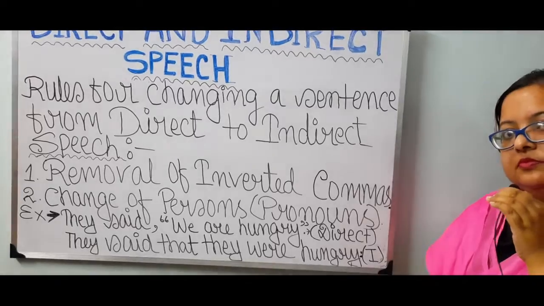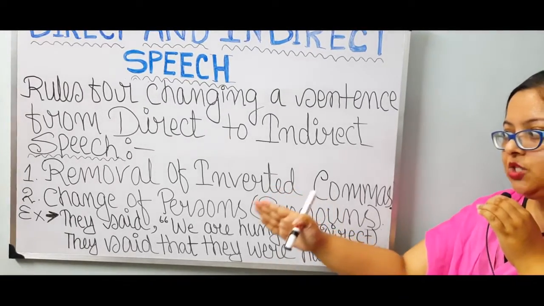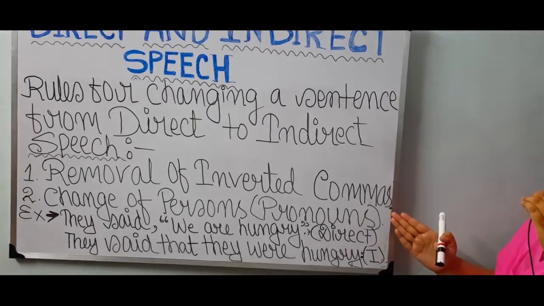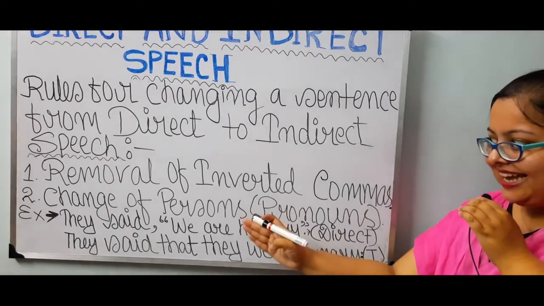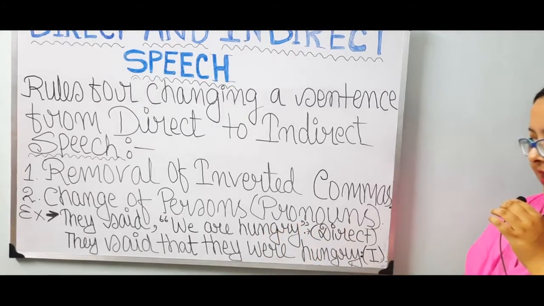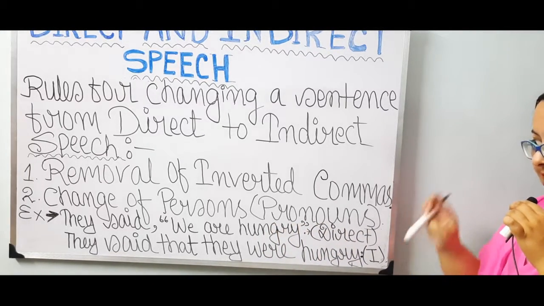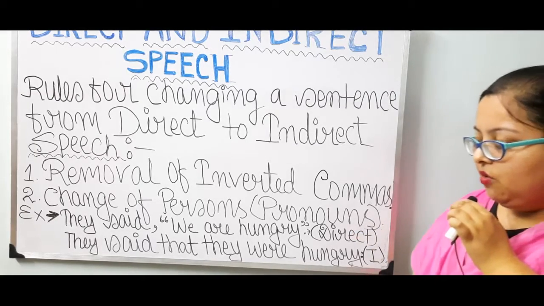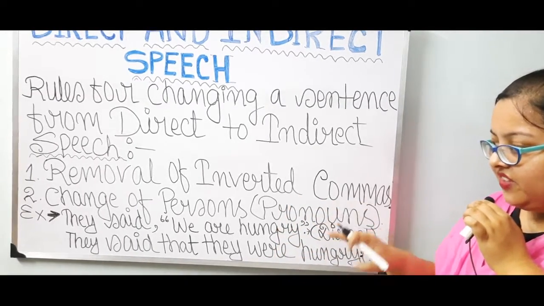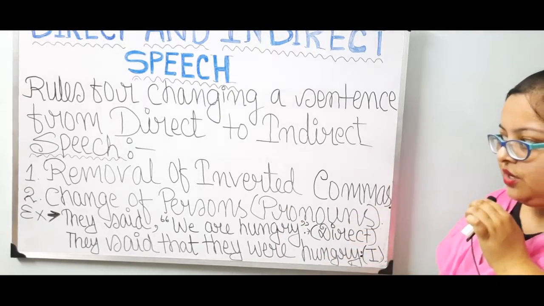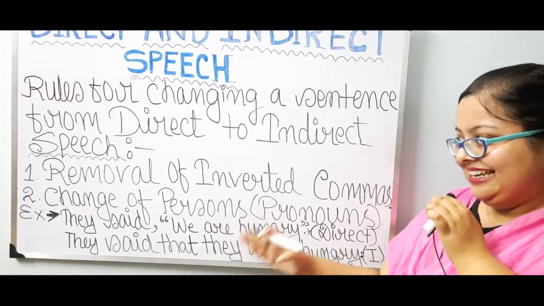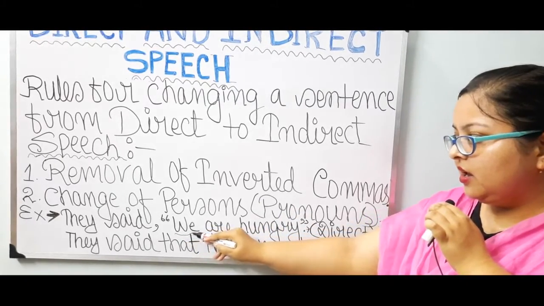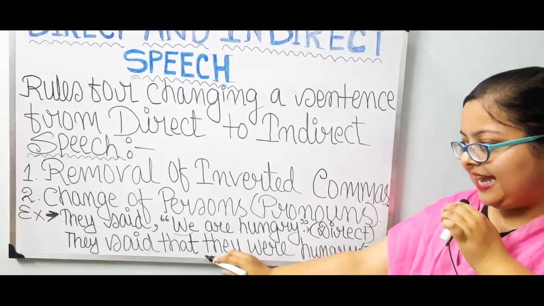Next, number 2, change of persons, specifically pronouns. They said, "We are hungry." Now it is direct speech. When it is converted into indirect speech, they said that, and in place of we you have to put they.